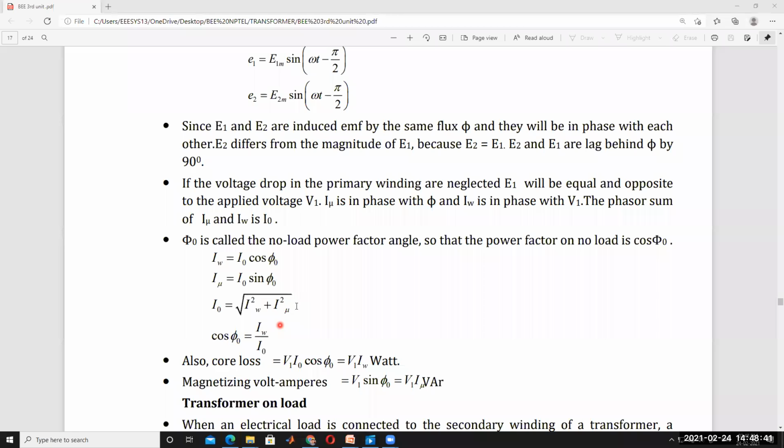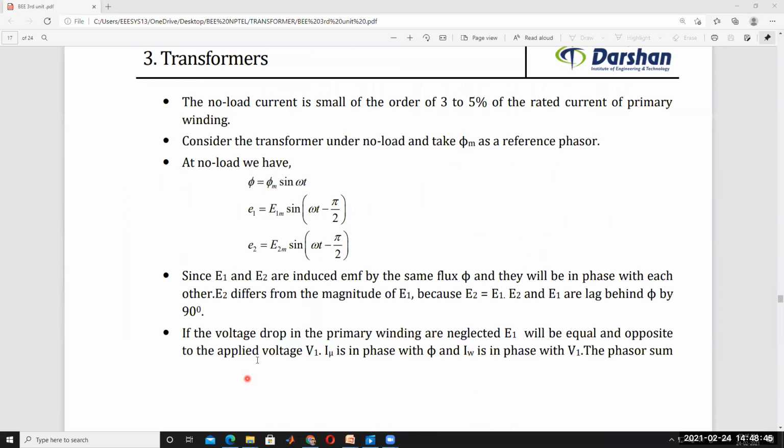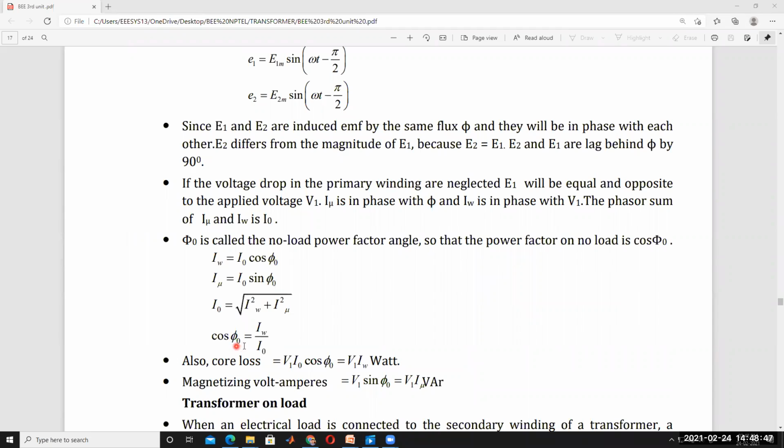Then cos φ0 from this diagram, wattful component by the resultant: cos φ0 is Iw by I0. Also, core loss is because of the transformer core.